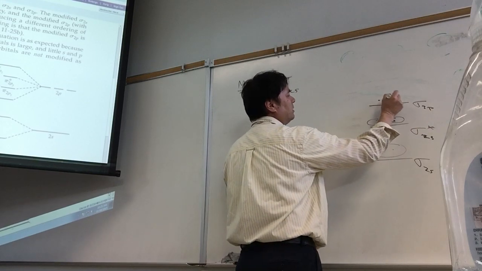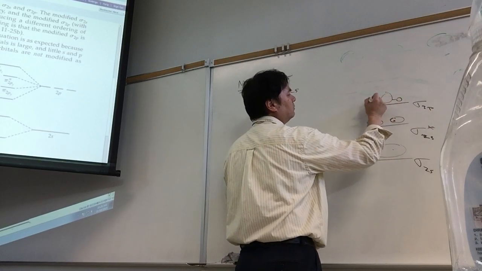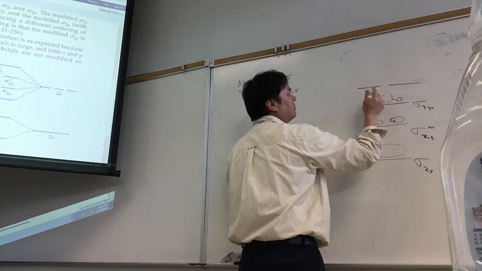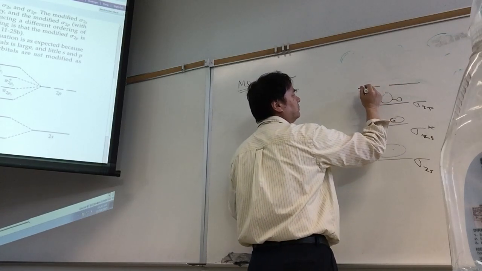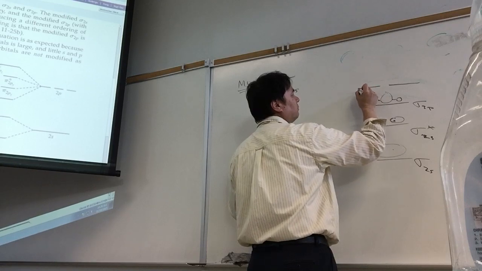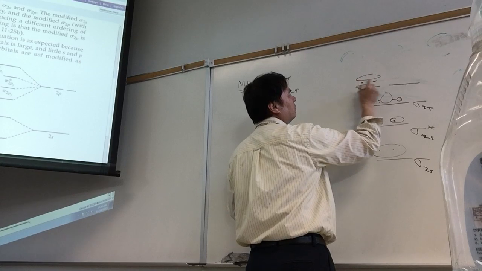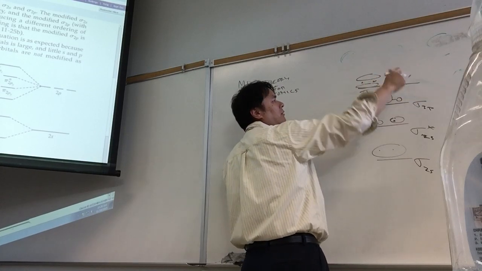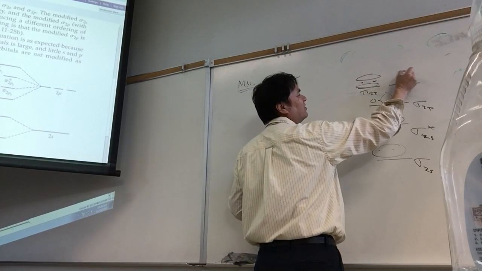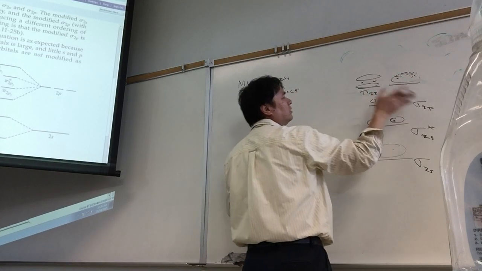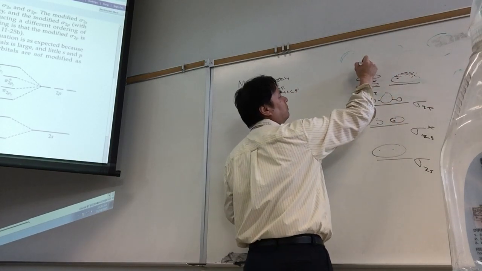The shape of the sigma 2p is like this. Followed by the pi's. Now the pi's are going to be degenerate. They look similar. So here's a pi 2p in the plane of the board. And then there's going to be one twisted, like this. One lobe's going to stick out, the other lobe sticks in. So it's just a 90-degree twist.